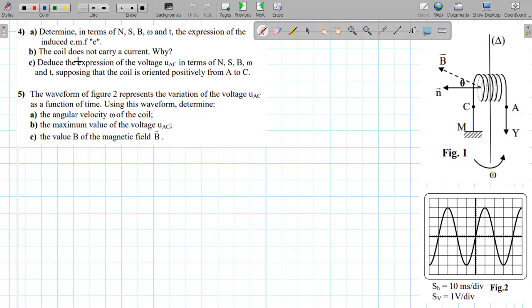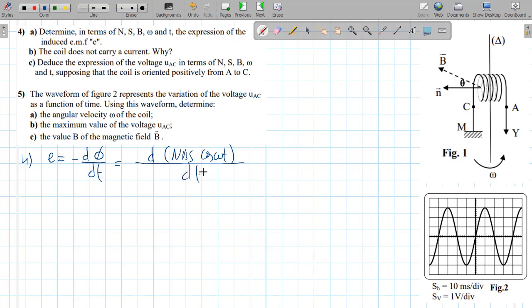Part 4 عم بيقول لي determine in terms of N, S, B, omega and T the expression of the induced electromotive force. So 4, the induced electromotive force by Faraday's law equal minus d phi by dt. So minus derivative لل NBS cosine omega T by dt.